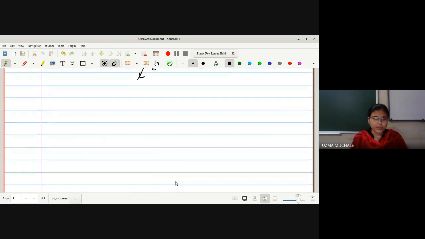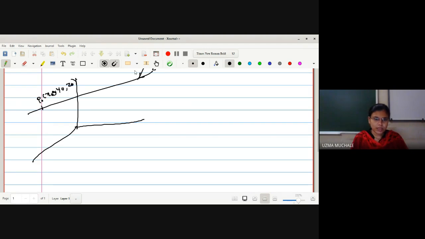Okay, if you are not having a doubt, let us go for the next one, that is the equation of a line in 3D space. For this, we have one point on the line, say P naught, with the coordinates x naught, y naught, and z naught. This is P with the coordinates x, y, and z.